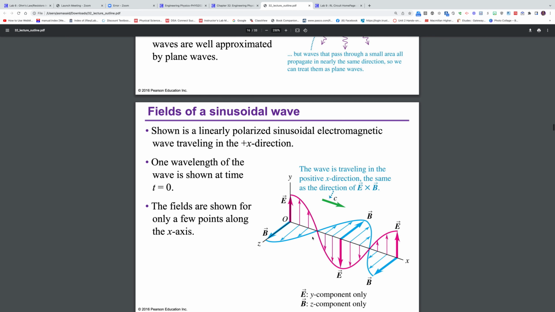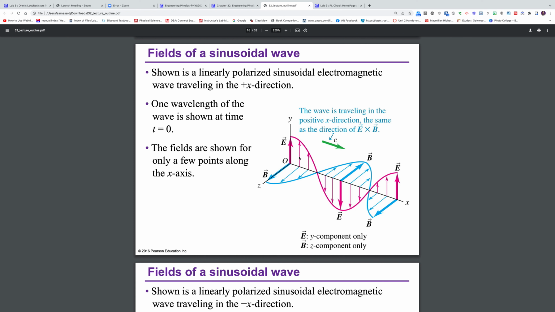Here, this is the oscillating electric field, the pink one, and the blue one is the magnetic field, and the waves are traveling in the positive x direction, the same as E cross B. The y components are the electric field, and the z components are the magnetic field.